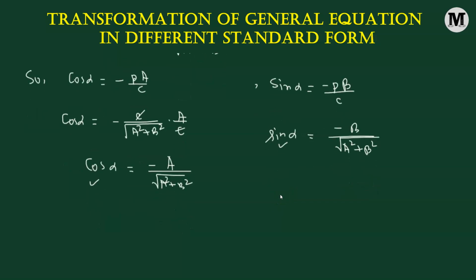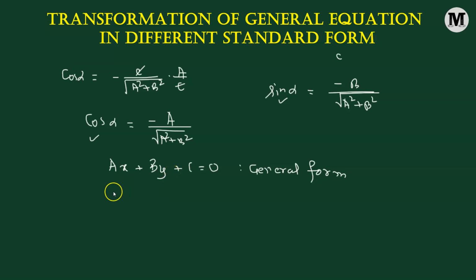So now finally let's come back to the general form of the line. If we have ax plus by plus c equals 0, this is the general form. Then we know that the normal form is equivalent to x times cosine of alpha plus y times sine of alpha equals p. But what we have to do is replace cosine alpha, sine alpha, and the p value. So in place of cosine alpha, we have negative a over the square root of a squared plus b squared.